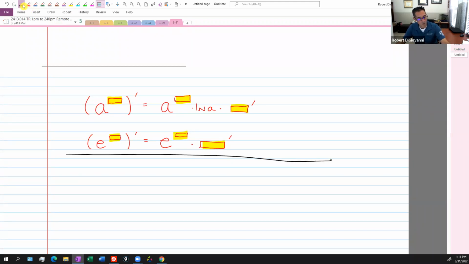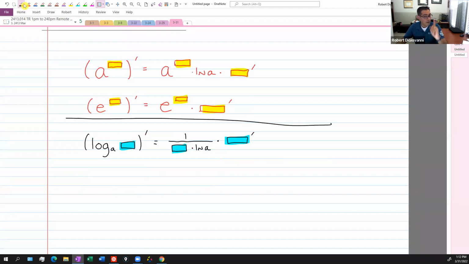When it comes to logs, we have a different derivative. If you do log base a of some box and you want to take the derivative, then it'll be 1 divided by whatever was in the log, times natural log of a in the denominator with the box, and then times, chain rule, the derivative of what was in the box.